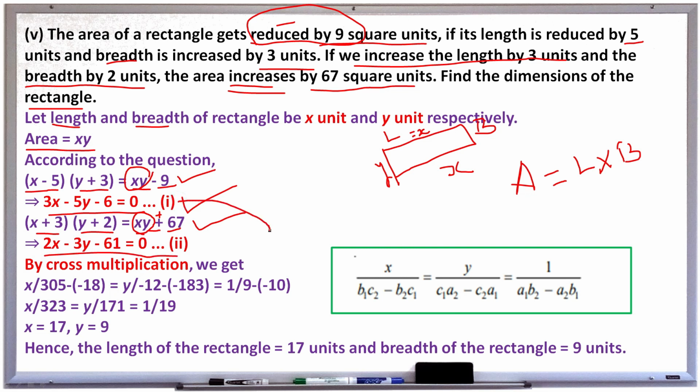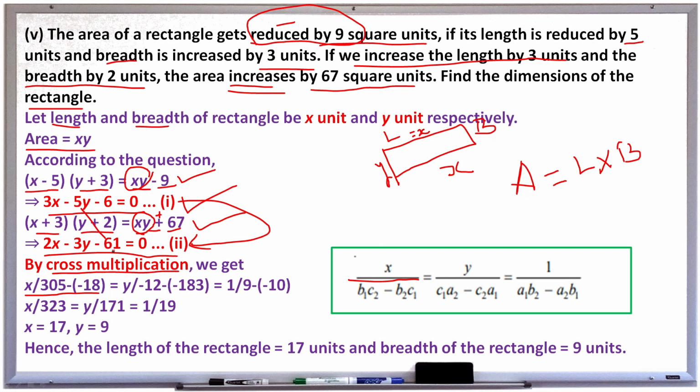These two equations we are going to solve using cross multiplication. We know the cross multiplication formula, x by b1 c2 minus b2 c1, that is here x by cross multiplying. So minus 5 into minus 61, minus into minus becomes plus.